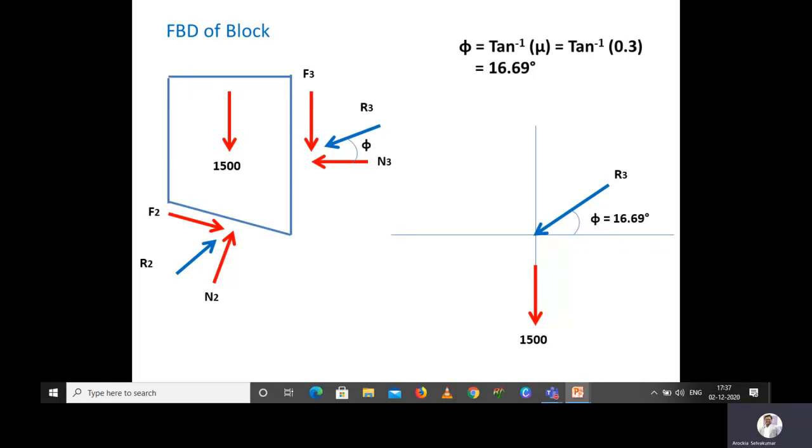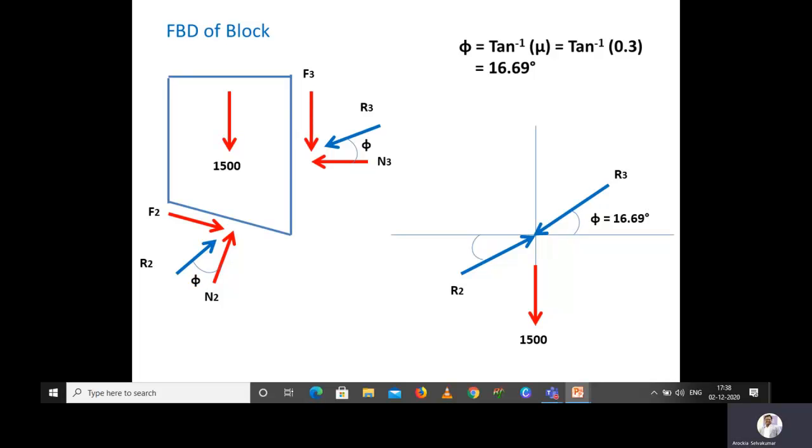The next one is we have another resultant, that is R2. So here it is acting. These two are not acting on the same line, it is different. So we have to calculate the angle of R2 with respect to the horizontal line. This angle we are going to calculate now. We have to calculate with respect to the normal reaction.